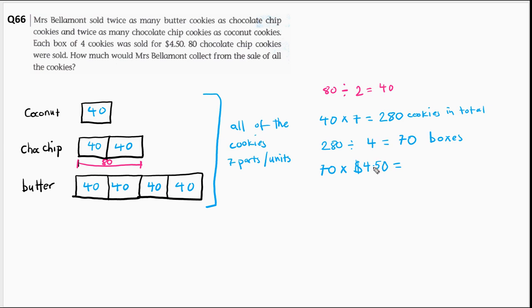But you could also think of it as, remember up here we thought of 40 as 4 times 10. Well, let's think of 70 as 7 times 10. So we've got 7 times 10 times, I'm going to just ignore the dollar sign for the moment, 4.5, let's say, we'll call it 450.